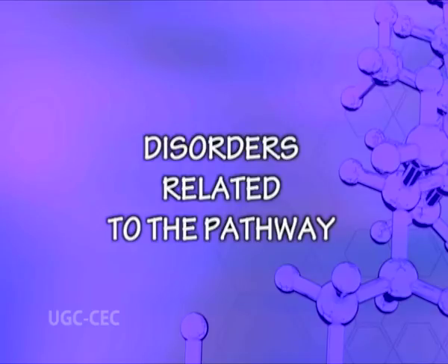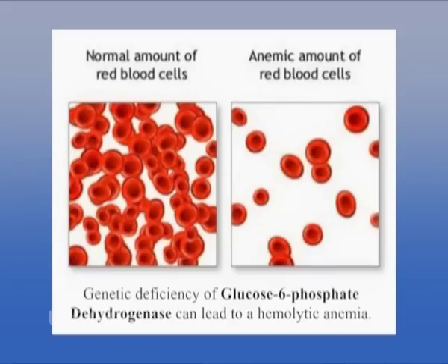Disorders related to the pathway: genetic deficiency of glucose-6-phosphate dehydrogenase can lead to hemolytic anemia because of an inadequate supply of NADPH within red blood cells. It affects around 400 million people around the world.